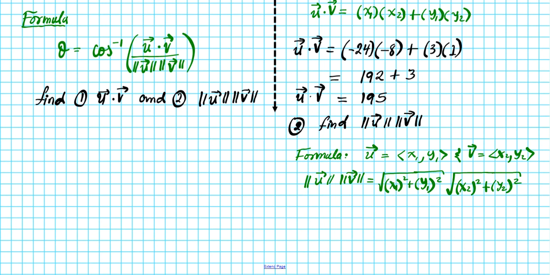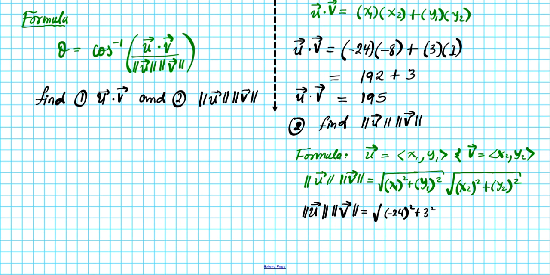Okay, let's go ahead and apply this formula to this problem. We are going to have the magnitude of vector u times the magnitude of vector v as going to be the square root of negative 24 squared plus 3 squared.